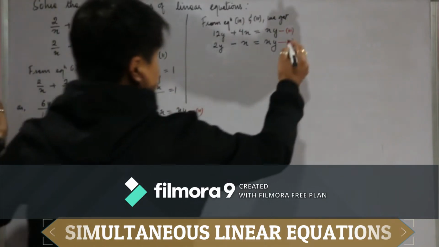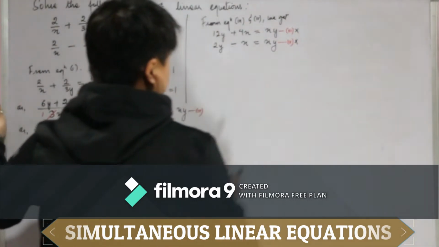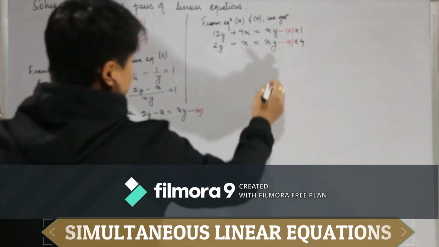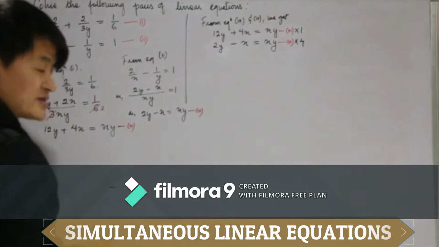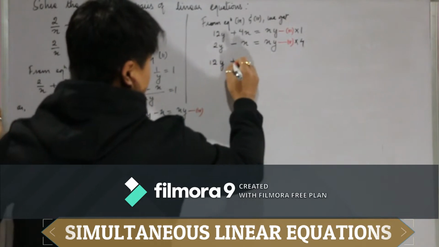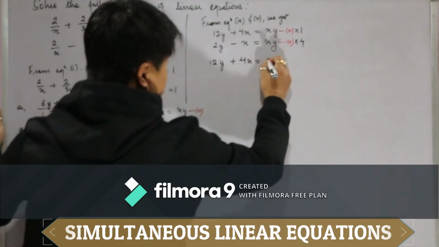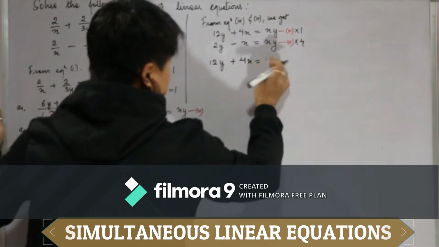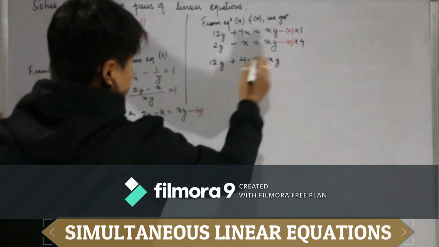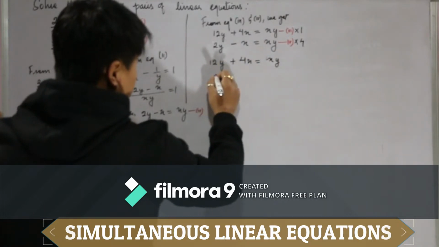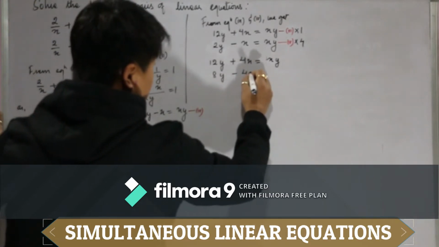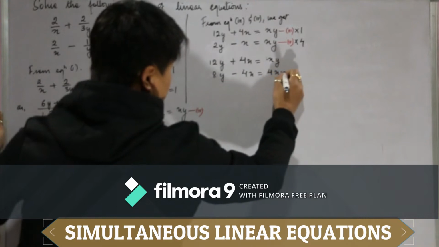It will be easier if we multiply equation 3 by 1 and equation 4 by 4, so we get 4x and 4x similar. Equation 3 stays 12y plus 4x equals xy, and equation 4 becomes 8y minus 4x equals 4xy.